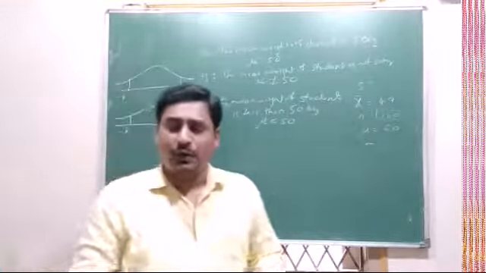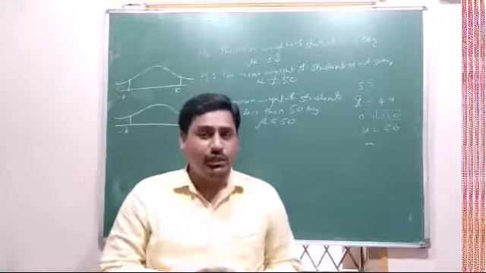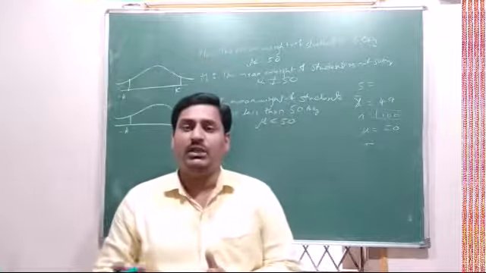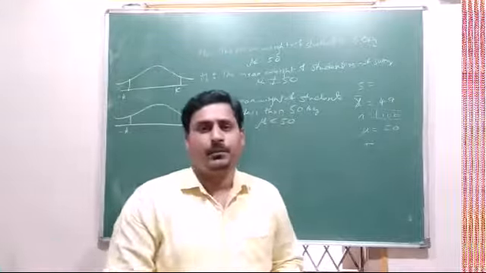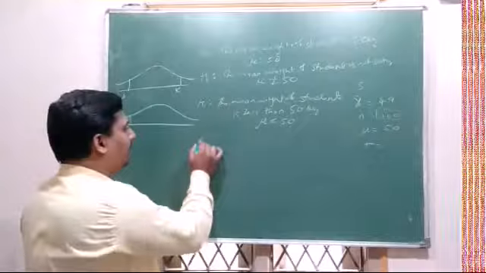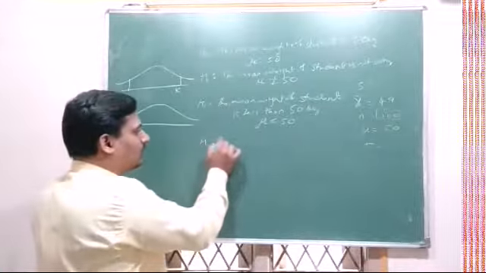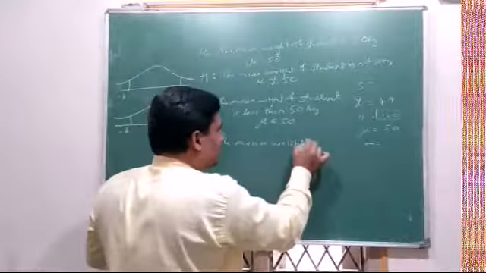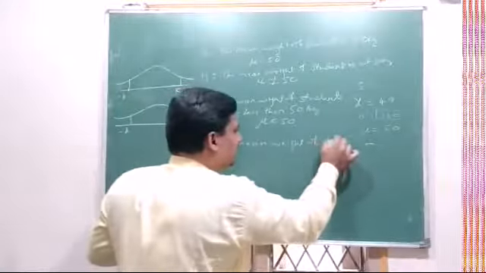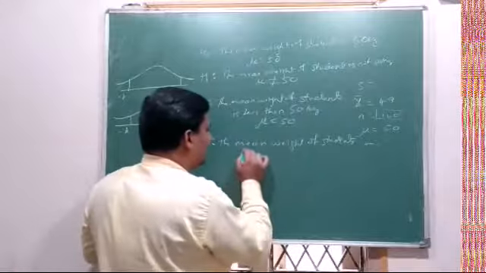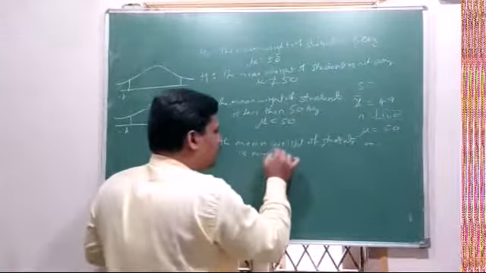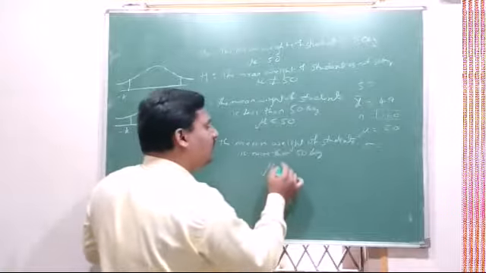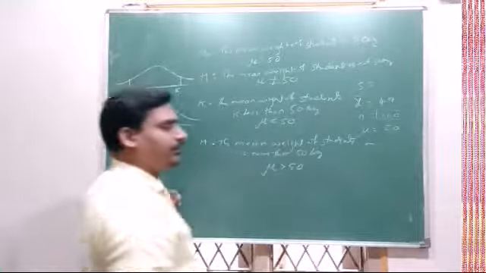Okay, and if the question is like that, can we assume that the mean weight of the students is more than 50 kg? Okay, so then H1, the mean weight of students is more than 50 kg, then mu is greater than 50.